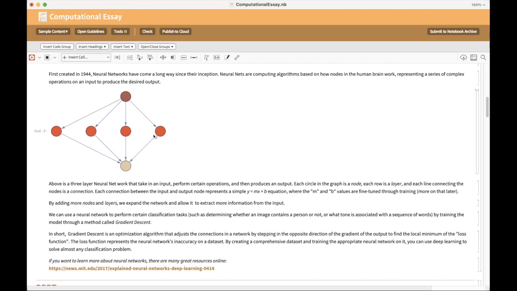It tests the model on training data, and based on its inaccuracy, it will slightly adjust these connections to decrease the inaccuracy, and it does this by trying to find the minimum of a loss function, by actually finding the derivative with respect to the weights on that loss function, and it steps downwards to find the local minimum.